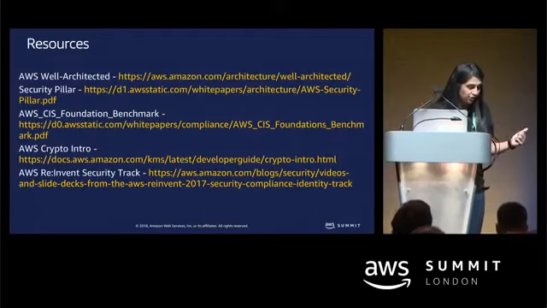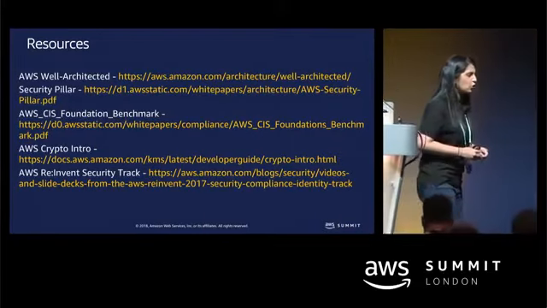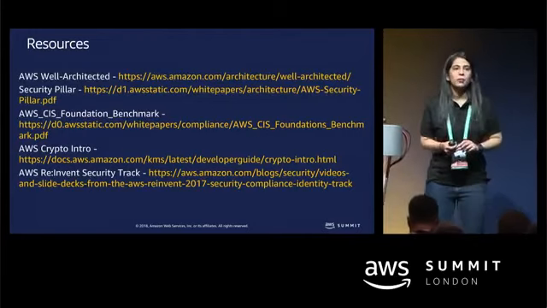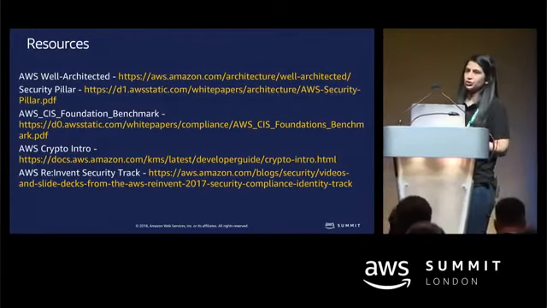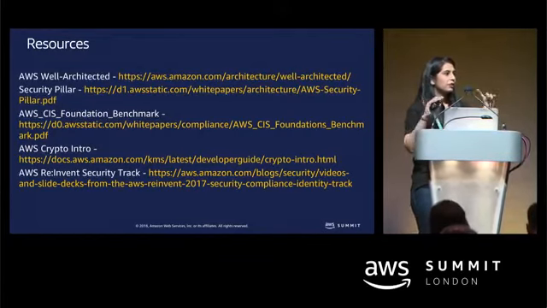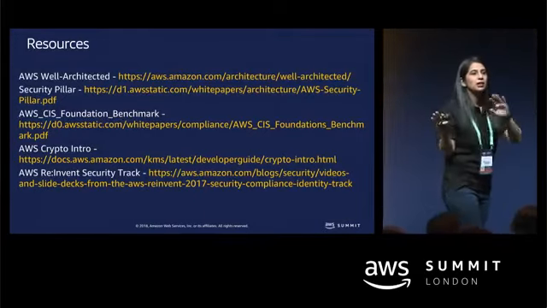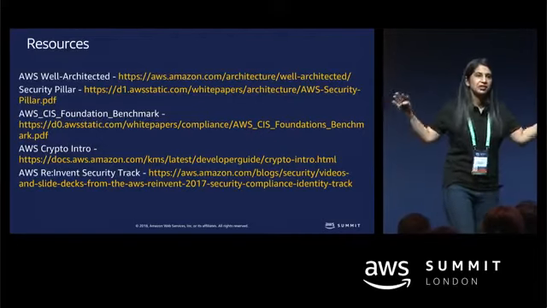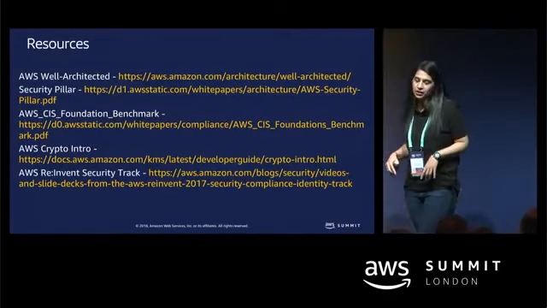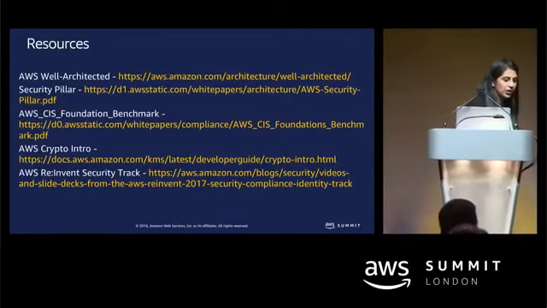There was also a really cool one, the CIS Foundations Benchmark, which goes through a lot more detail about things we talked about when it comes to security groups or VPCs, or setting up various VPCs within the same account, making sure that you don't have overlapping CIDRs between multiple VPCs that you could have in one or multiple accounts, which is why we talk about using AWS Organizations.